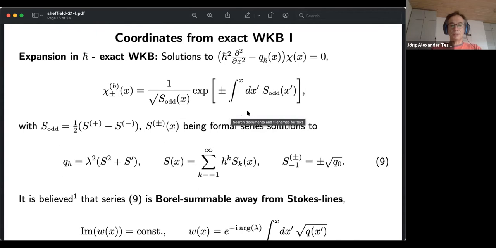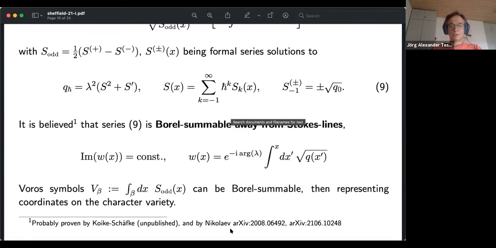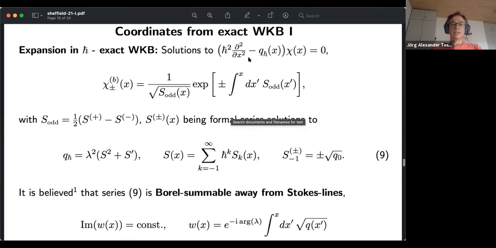That may be an issue for some of the following statements. What is by now very well investigated, and in the audience Nikita Nikolaev has recently made important contributions to this, is the exact WKB expansion of the solutions to these equations when there are no apparent singularities, so when this is holomorphic in the domain of definition of our interest.